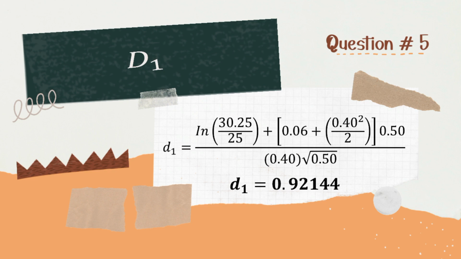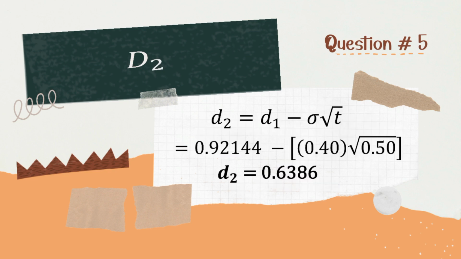Next, in getting the d sub 2, we have the formula d sub 1 minus standard deviation multiplied by the square root of time. So let's substitute the values, and now we get 0.6386.